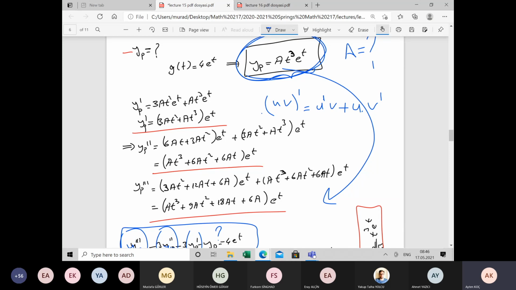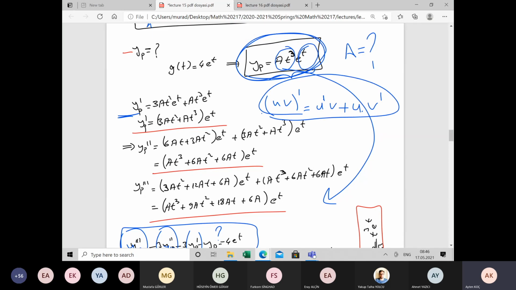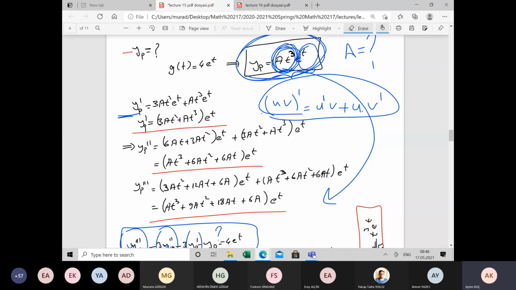This one is u, this one is v. So y sub p prime is equal to u prime, which gives 3 a t squared times the second one, e to the t, plus the first one times the derivative of the second one, e to the t. Rewrite this one, it will be better for computing the next derivative.